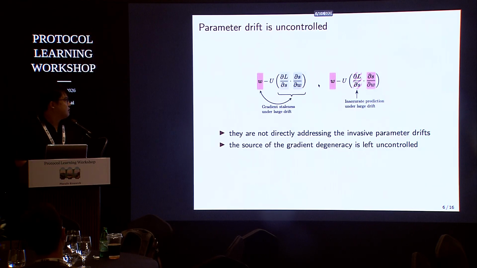However, since the parameter drift isn't really controlled, when the parameters drift too much, the prior approach either has to use stale gradients, or the forward time prediction becomes too inaccurate, which incurs instability.